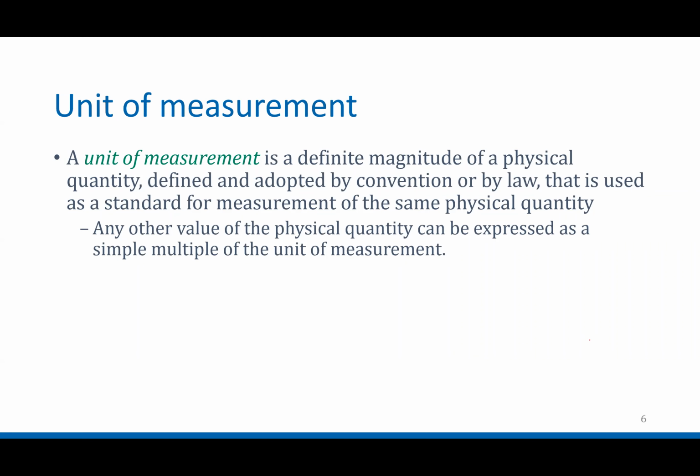It would be the exact same as a kilometer on the moon. It's a universal measurement accepted by a community. And in this case, the convention or law is the scientific community. Any other value of that physical quantity is a multiple of that unit. So, let me get to the next slide and I'll explain that part.